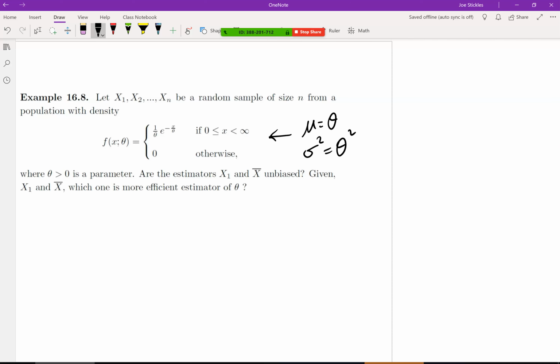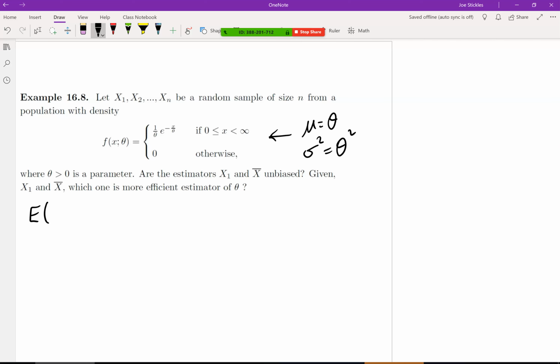The first part asks whether the estimators, just using the first thing in your sample and using the sample mean, are unbiased, and then which one is more efficient. Since this is a random sample, each of the individual x's has an exponential distribution.